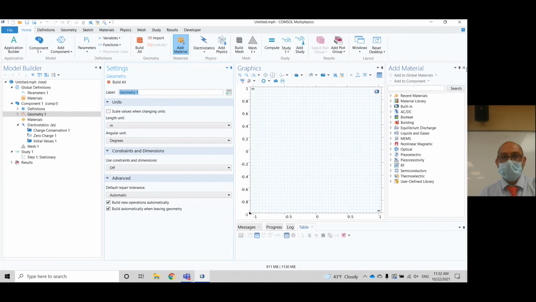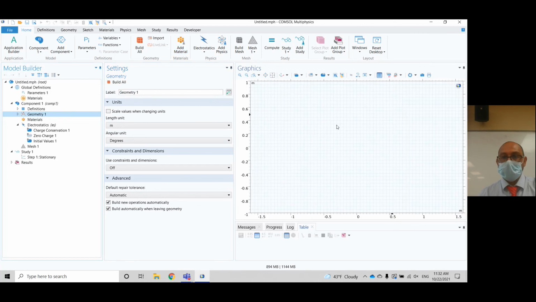Okay, and I'm going to have this menu over here that looks kind of daunting at the beginning. What we have here is all the things that I need to define in my program. I need to set up a geometry, I need to pick the materials, and I need to pick the conditions that I need to satisfy for my problem.